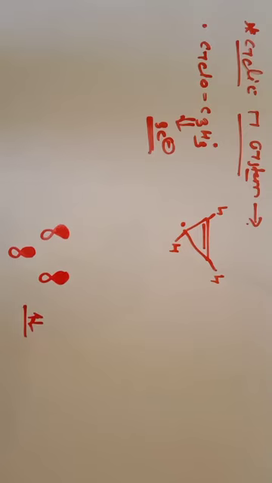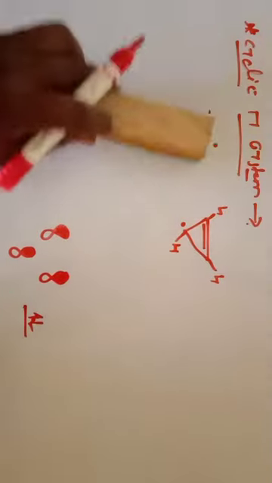The second one is psi 2, and if you consider psi 2, it consists of one node, and we draw the structure of this psi 2.